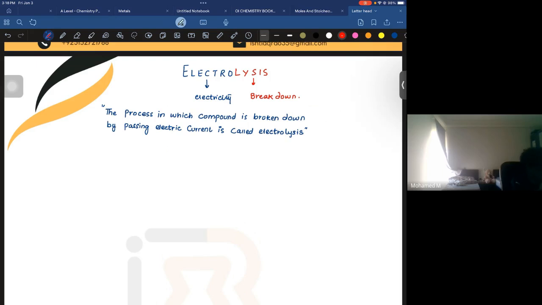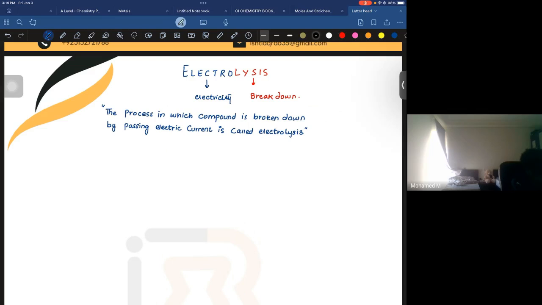The first thing that is very important to do electrolysis is a container, the beaker. Beaker means the container in which I would be putting my sample. Let's suppose in this case this is sodium chloride and it may be water. So we would be doing electrolysis.